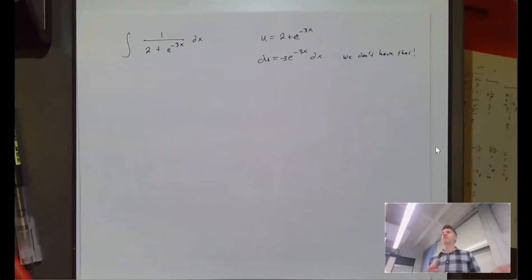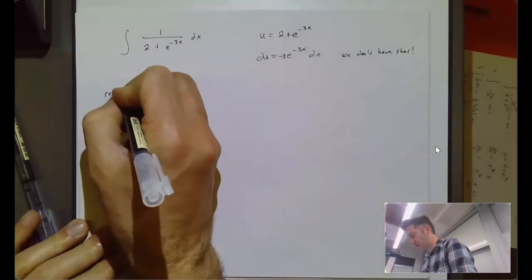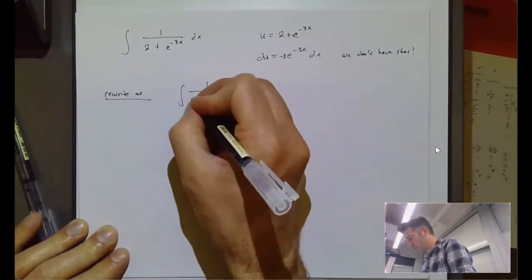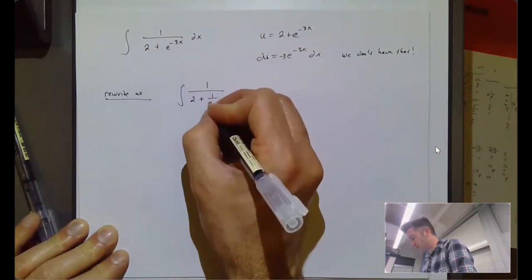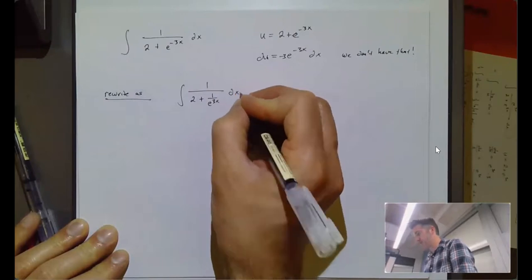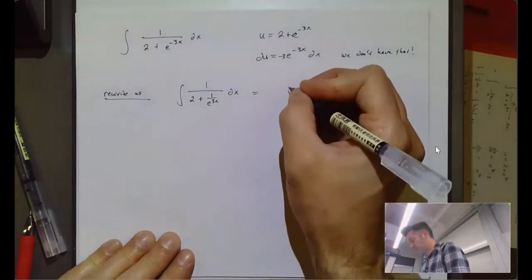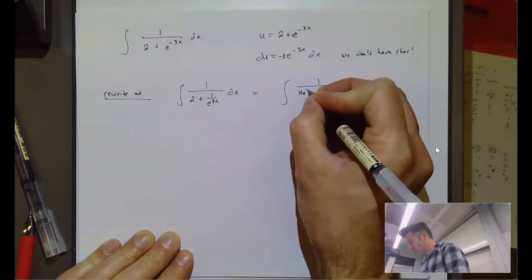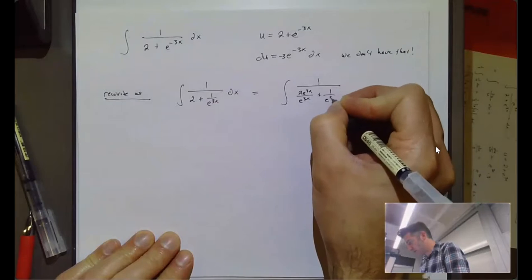There's actually a couple ways of seeing this. One way of looking at it is like this. We're going to rewrite it as the integral of 1 over 2 plus, and I'm going to write that e to the negative 3x as 1 over e to the 3x. Then I'm going to get a common denominator in the denominator. So I'll write this as the integral of 1 over 2 e to the 3x over e to the 3x plus 1 over e to the 3x.